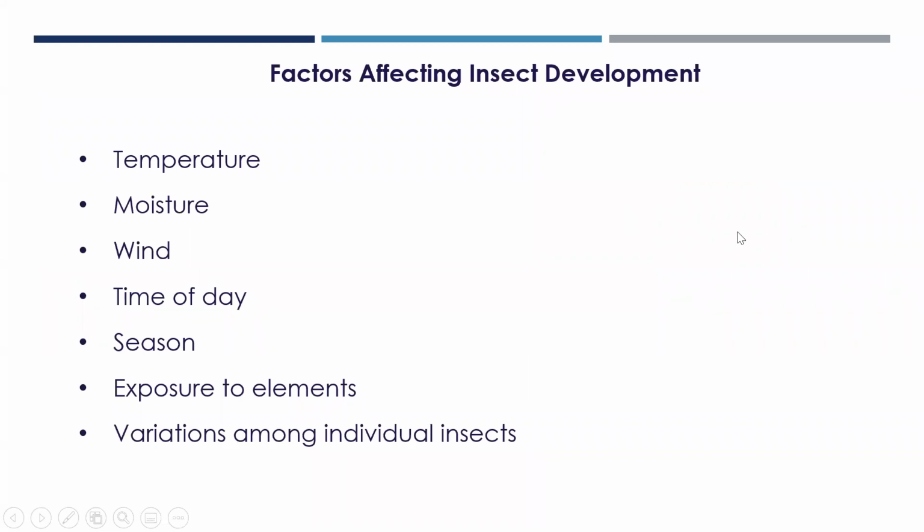Just some general things that affect insect development, same kind of idea as decomp. The temperature, the season can affect insect development. You know, if we put a raw chicken outside now into the woods, you would see less insect activity, and it would take longer compared to the summer when the insects are more active. Moisture of the general area and in the air, humidity, the wind, just the time of day.